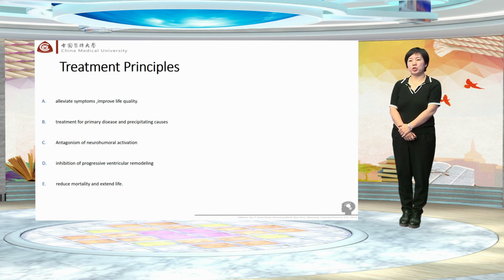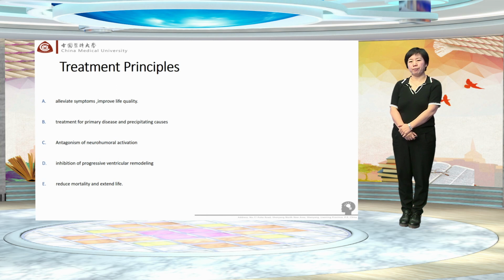Next, let's talk about the treatment principles. The most important thing is that we need to let the patient feel most comfortable and improve quality of life.